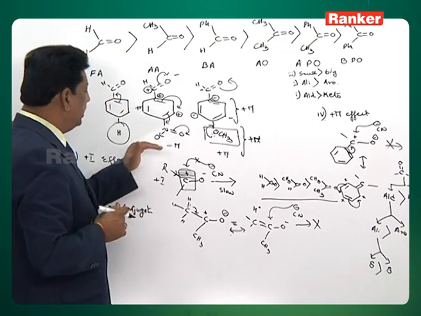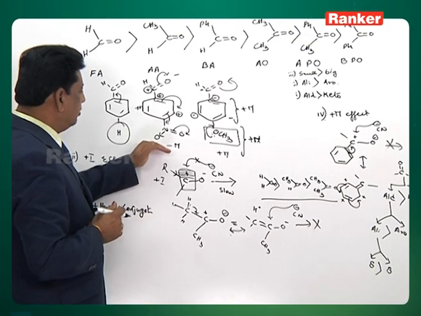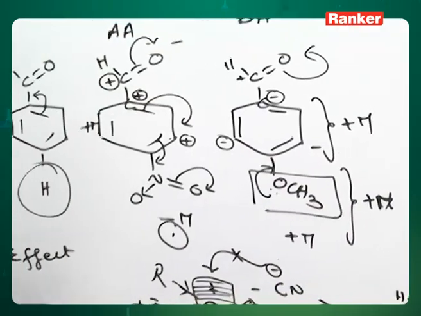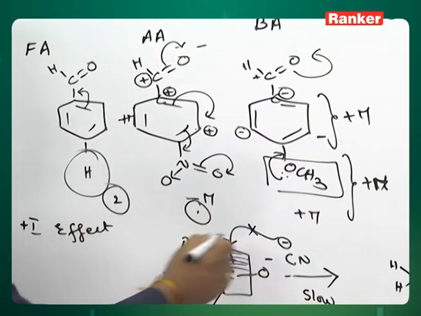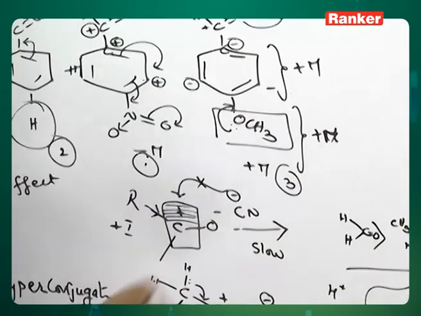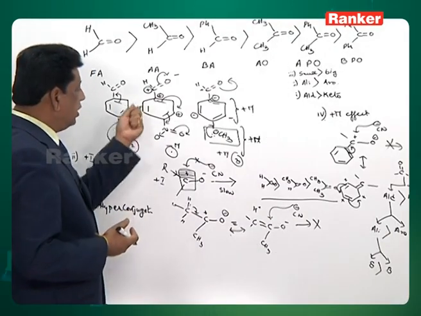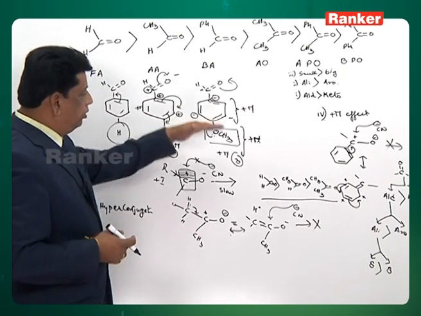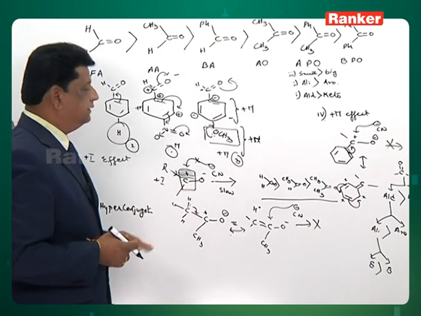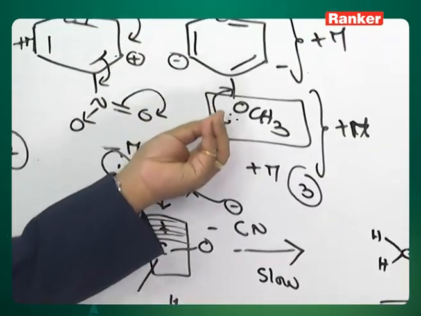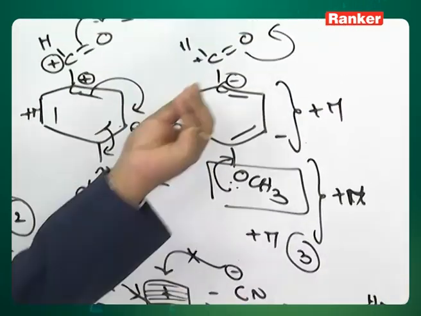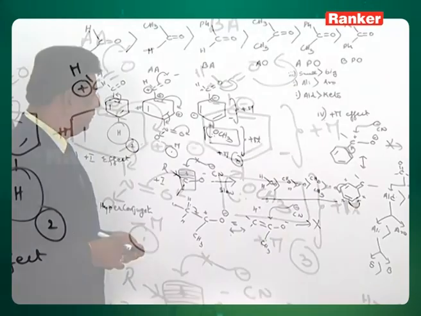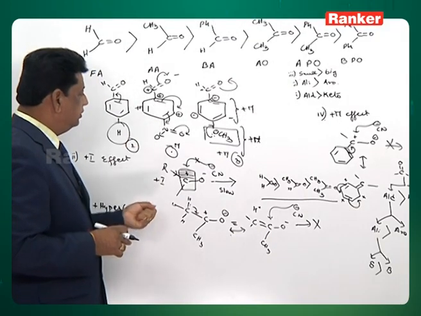So number one is nitrobenzaldehyde, then ordinary benzaldehyde, then comes methoxybenzaldehyde. So whenever withdrawing groups are there in benzene, the order of reactivity increases, donating groups decrease, isn't it? Only a methyl also, methyl shows plus I and hyperconjugation, decreases, and the nitro withdraws.